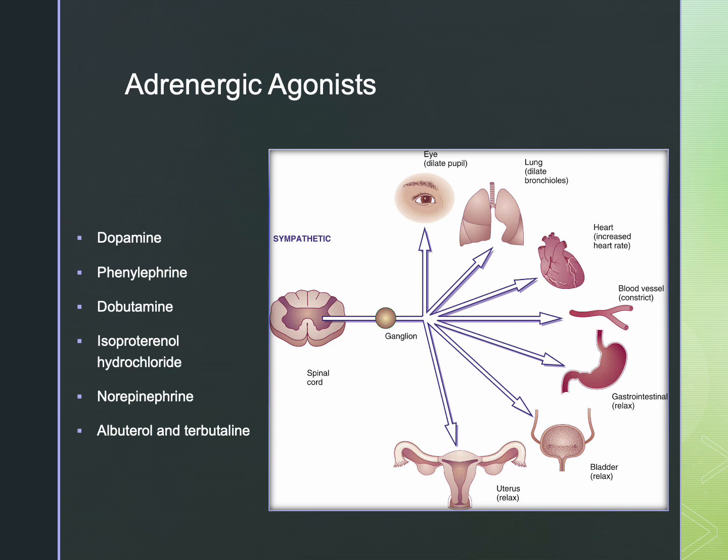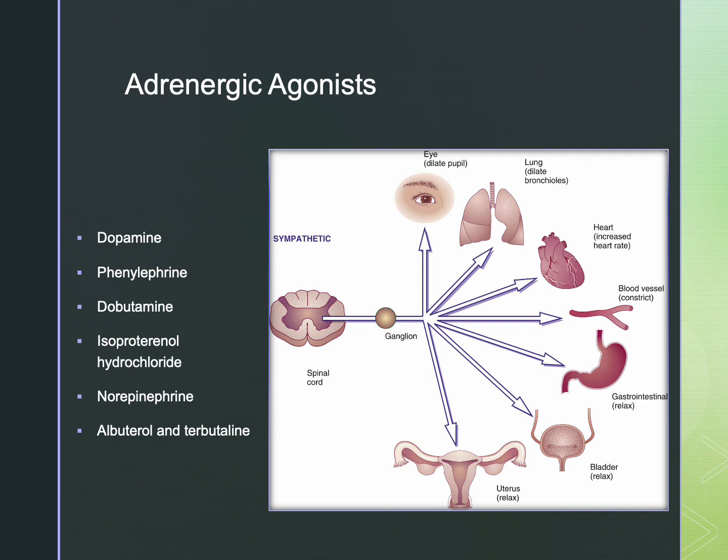First is dopamine. Dopamine is used to treat bradycardia because it increases blood pressure and cardiac output. Phenylephrine causes peripheral vasoconstriction, so it's effective in treating hypotension. It's going to help increase the blood pressure. Dobutamine is used to treat hypotension and cardiac failure.